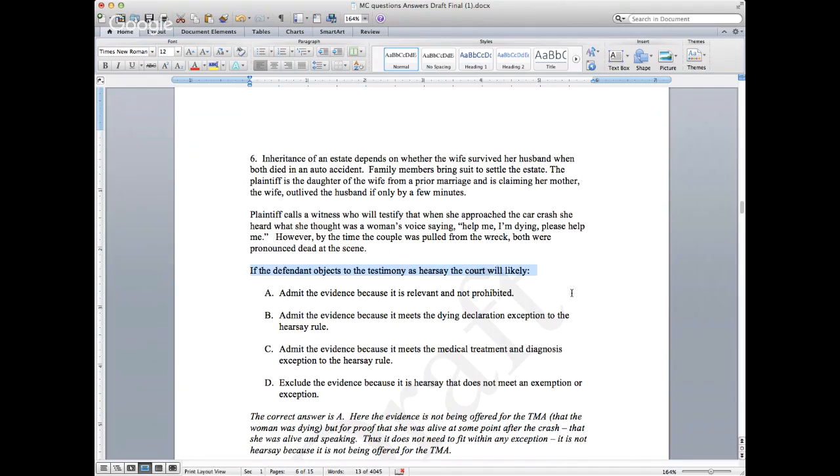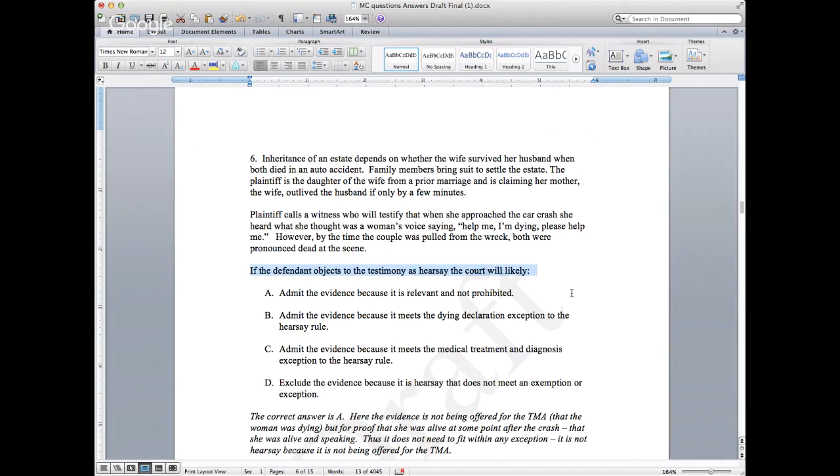Question 6 starts: inheritance of the estate depends on whether the wife survived her husband when both died in an auto accident. Family members bring suit to settle the estate. The plaintiff is the daughter of the wife from a prior marriage and is claiming her mother, the wife, outlived her husband, if only by a few minutes.